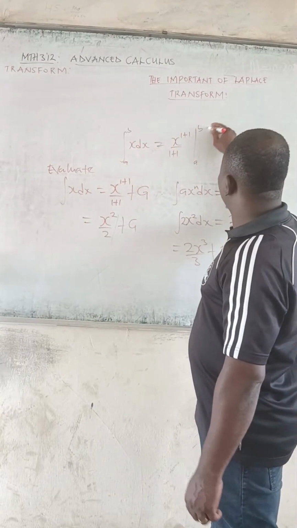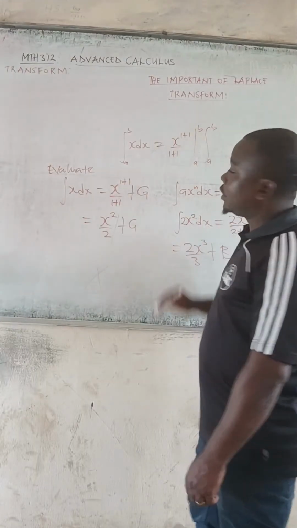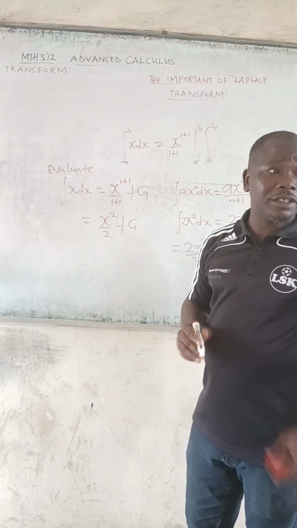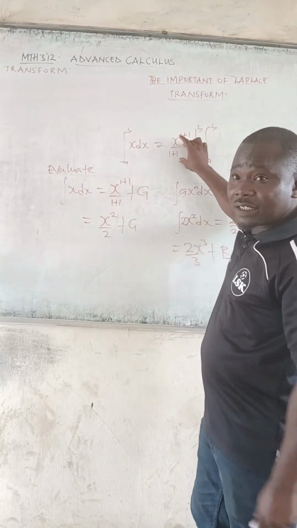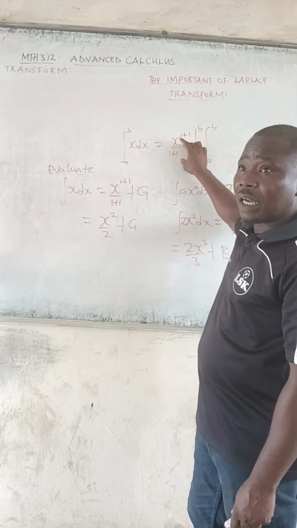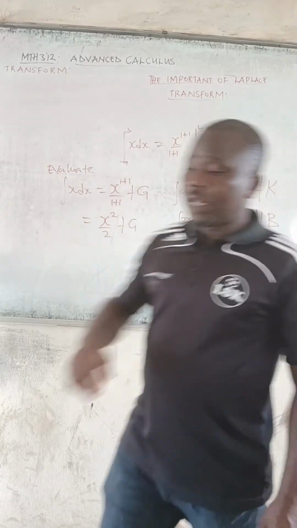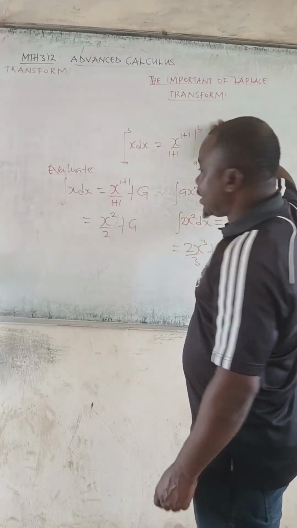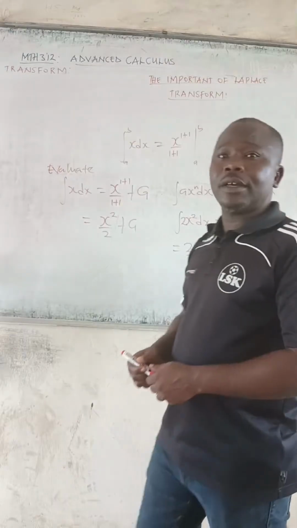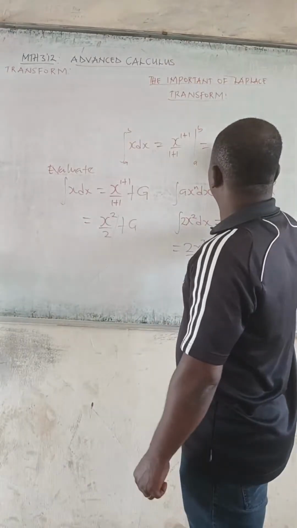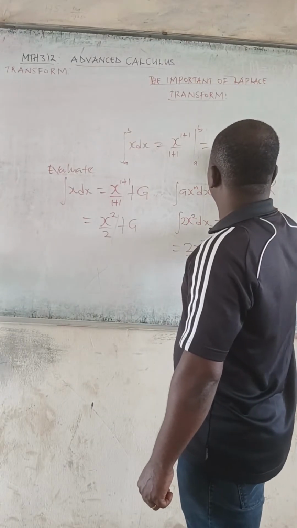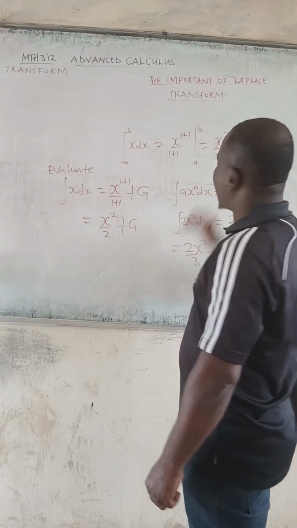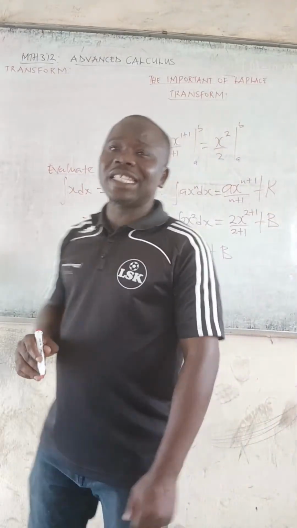Don't write it this way. This is a straight line. Is that clear? After integrating the function, are you following? Okay. So this integral is equal to x raised to the power of 2 all over 2 at a to b.